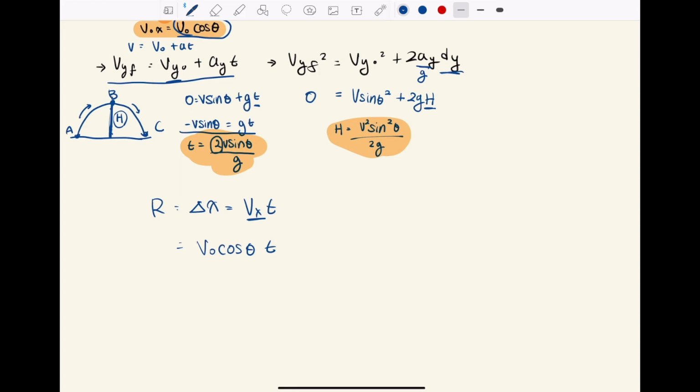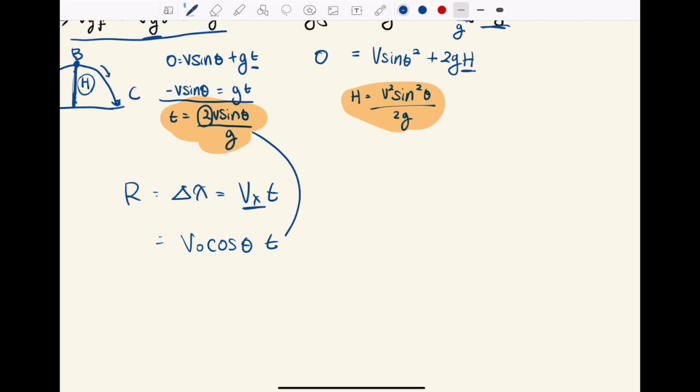And the time is equal no matter whether the component is vertical or horizontal, because the time it takes for a ball to move from point A to point C is equal no matter whether we're considering the vertical component or the horizontal component. So we can plug that time in right here, which will give us v cos theta times 2v sine theta over g.